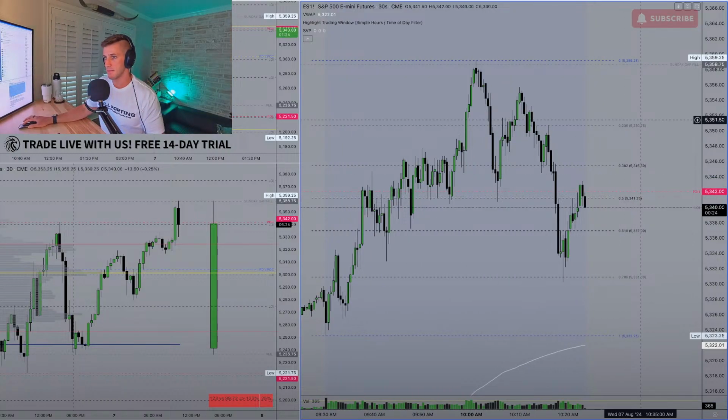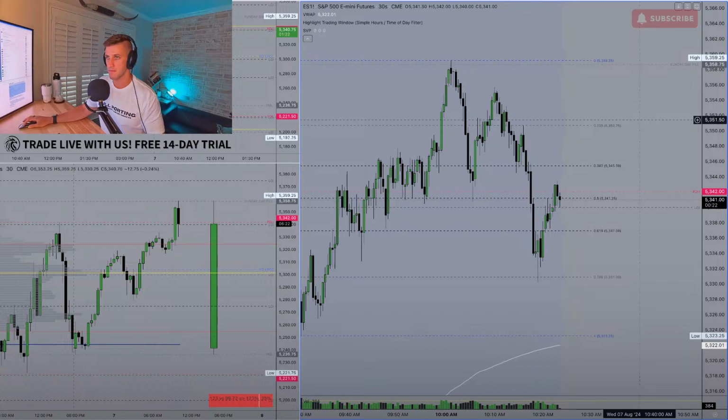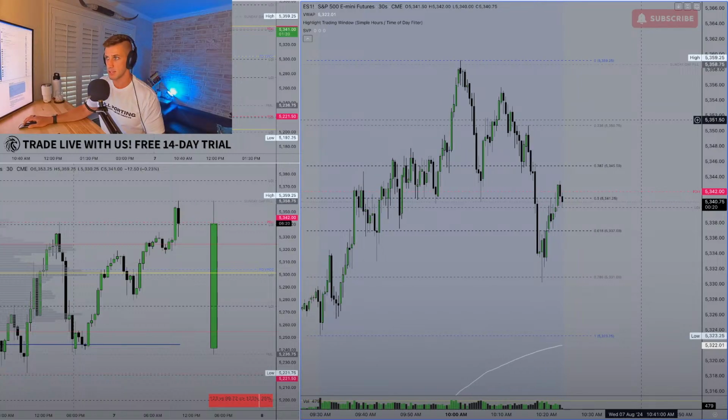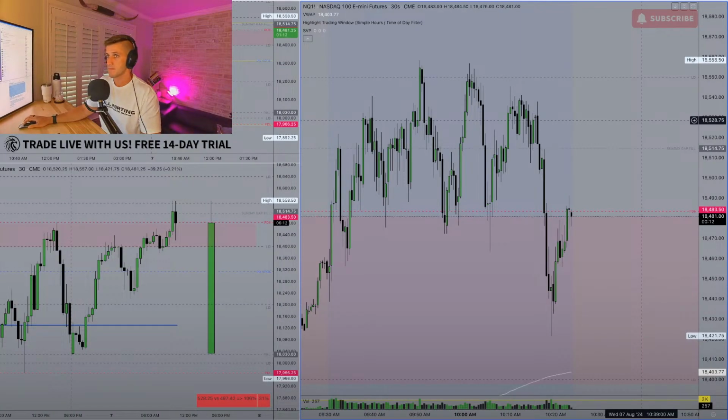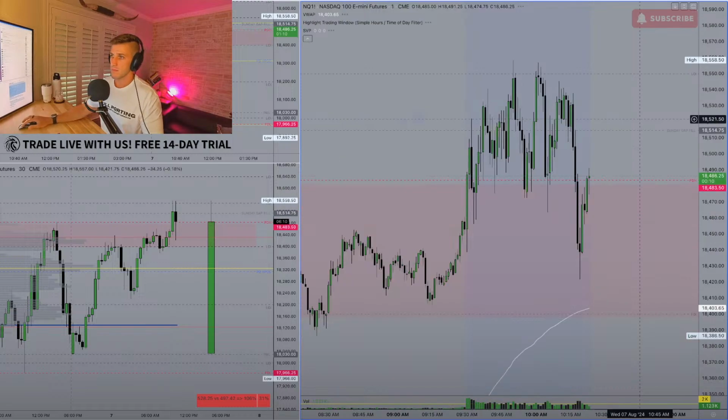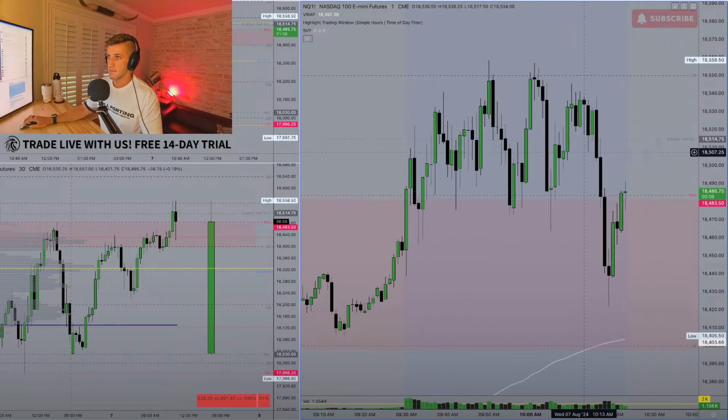So ES did not make a fresh session low. Definitely showing that it is stronger than NASDAQ this morning on a relative basis. Flip back to the 1 minute.